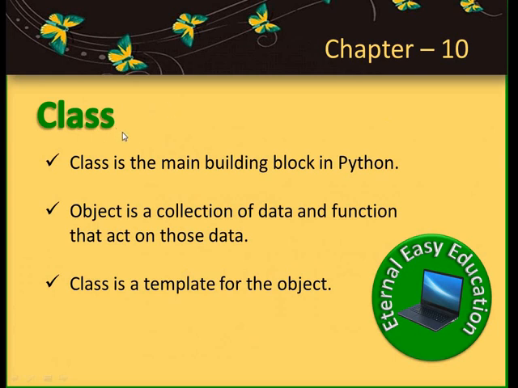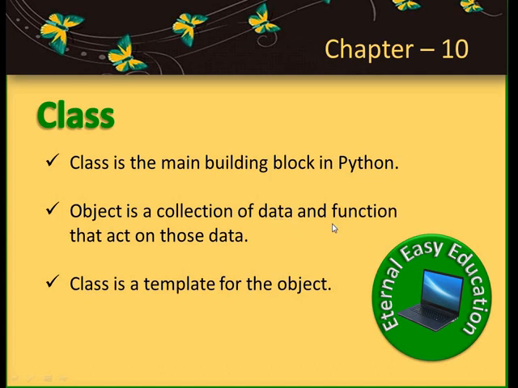What is a class? Class is the main building block in Python. A class is a collection of data and functions that act on those data. Data are the variables, and functions are the user-defined functions which are going to act on those variables.